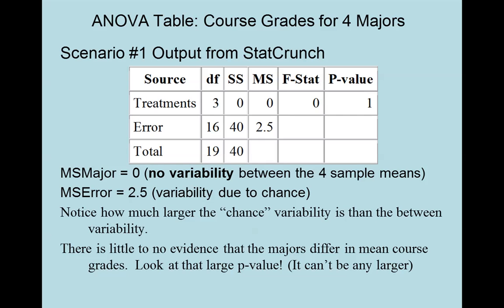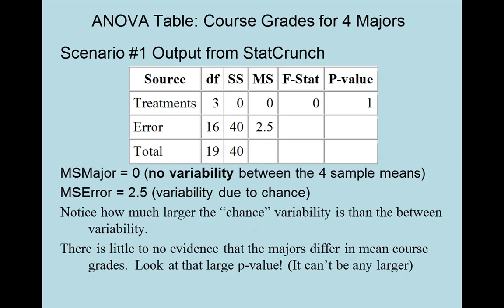Now let's go back and think about what our samples looked like and what the output would look like from StatCrunch. So this table is called the ANOVA table. Notice it tells you you have a line for treatments and you have a line for error. And what it does is it looks at the total variability, or how different are the sample means. And remember, in the first scenario, all of the scores in each group were 81 to 85, so all the sample means were 83.